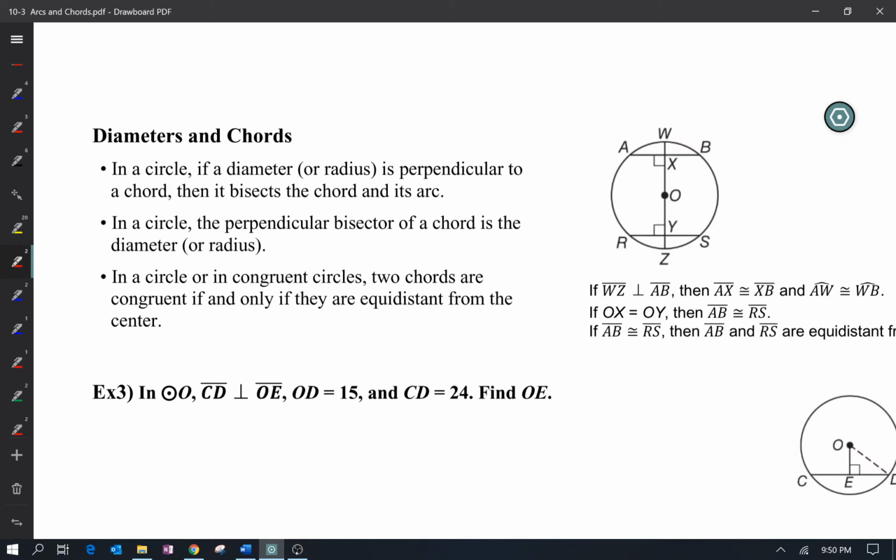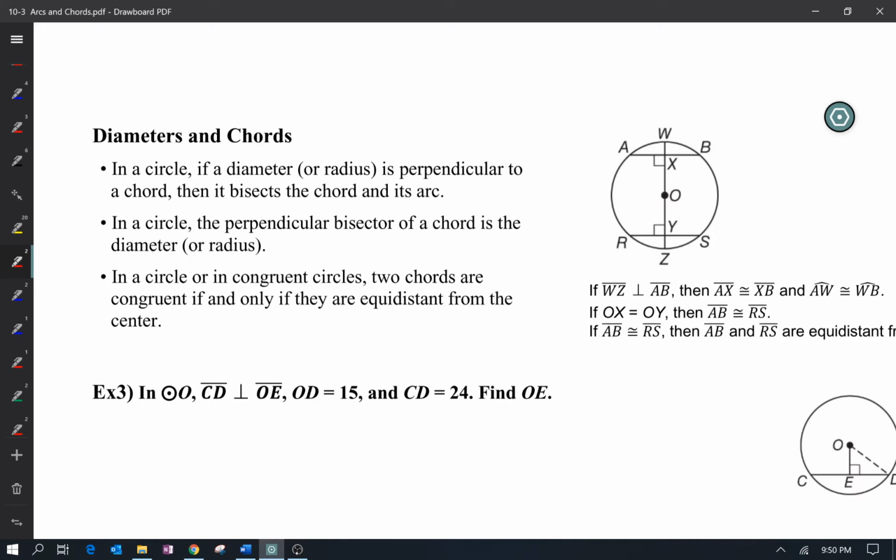We're saying if a diameter, so this is the diameter, WZ is the diameter, and it's perpendicular to that chord, then it bisects the chord, so it makes these two halves equal, and it makes these two arcs equal. So all I'm saying on that first one is, if a diameter is perpendicular to a chord, then it cuts the chord in half and it cuts the arc in half. That's what we're saying.